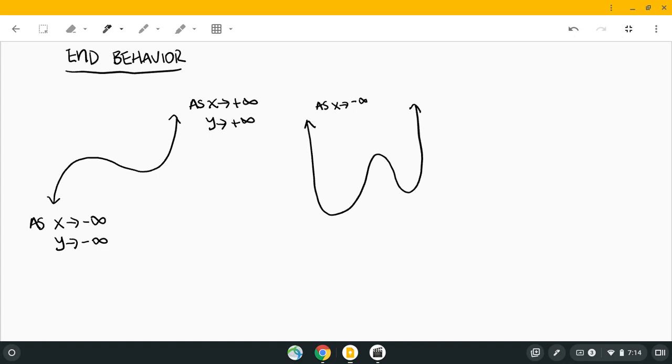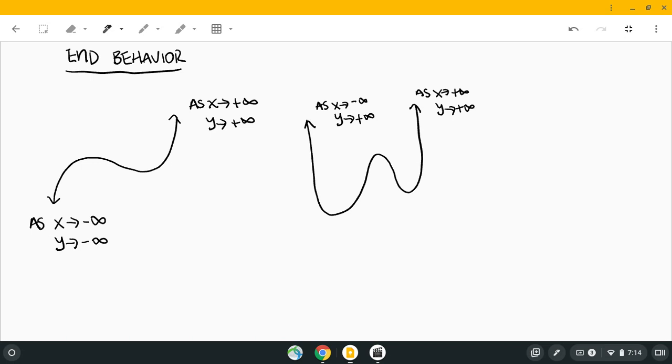So the y values go up, towards positive infinity. And then on the right-hand side, remember, right-hand behavior is as x goes towards positive infinity. As x's go towards positive infinity this way, my y values go up. So y goes up, positive infinity.